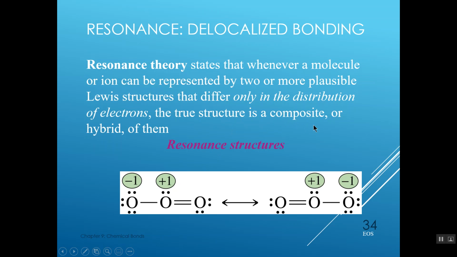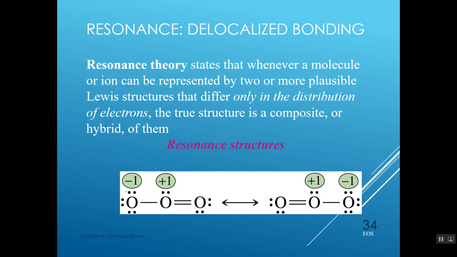So as an example of this, we're going to look at the Lewis structure for ozone, which is over here. And then there's another plausible Lewis structure for ozone, which is over here. And if you look at these carefully, you'll see that the difference between them would be, as we said before, the positions of the electron pairs.